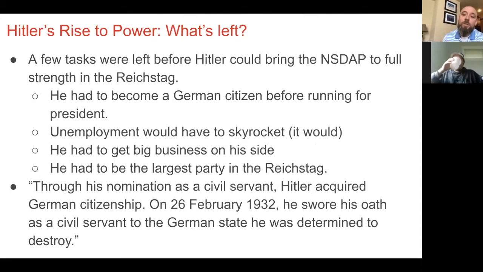And so there were just a few tasks left before he could bring the NSDAP to the number one party in the Reichstag. He had to become a German citizen. He's actually going to run for president in 1932 against Hindenburg. And again, you've got to think of this as he's going to do what is essentially an impossible thing, try to become president, but he's going to do so to get the propaganda, right?